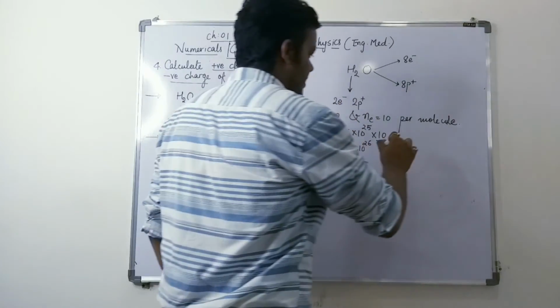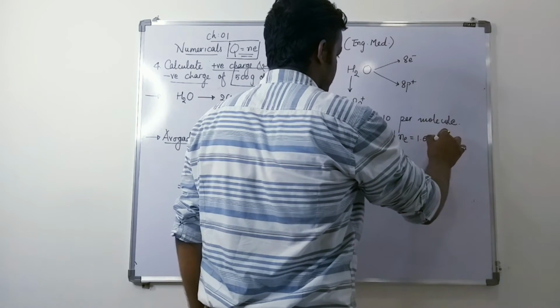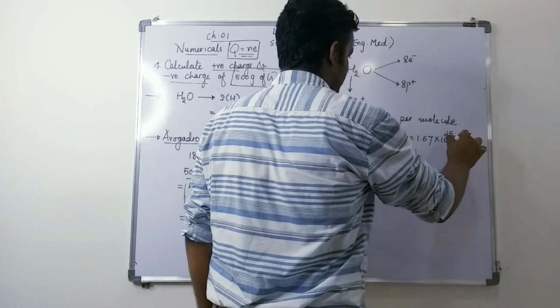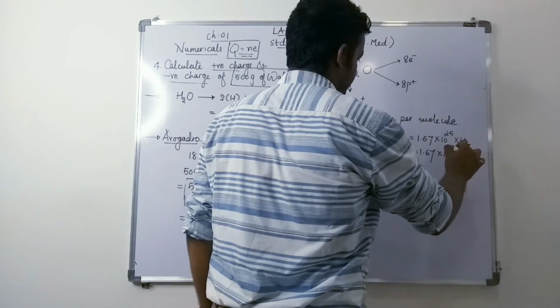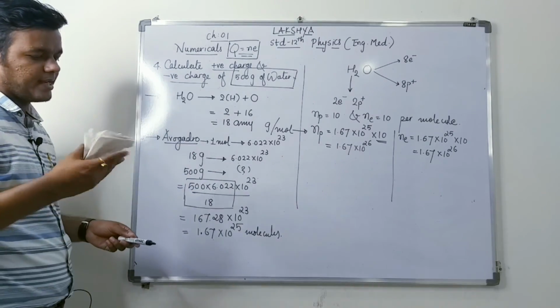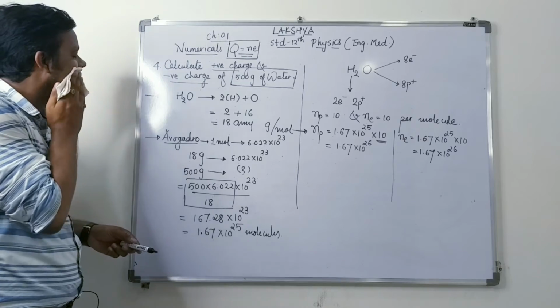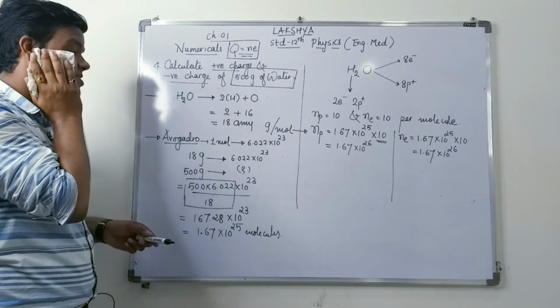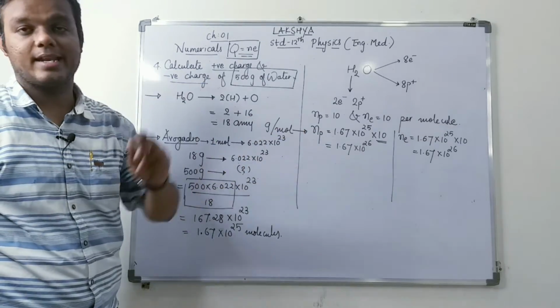And the total number of electrons will also be 1.67 into 10 raised to 25 into 10. So it will be 1.67 into 10 raised to 26. Right? Now we have NP and we have Ne. So we have solved the third example, which is based on net charge, and we have done NP and Ne.